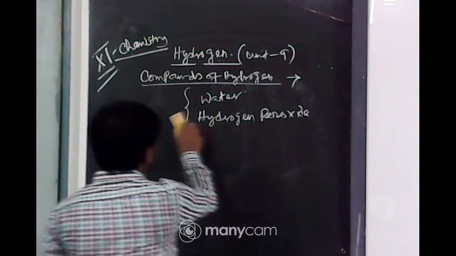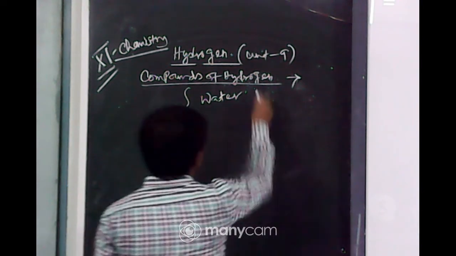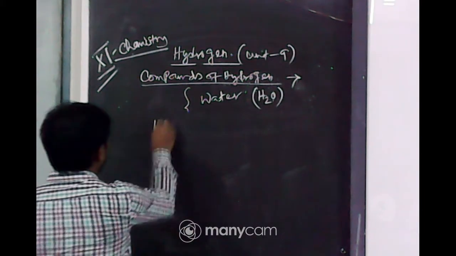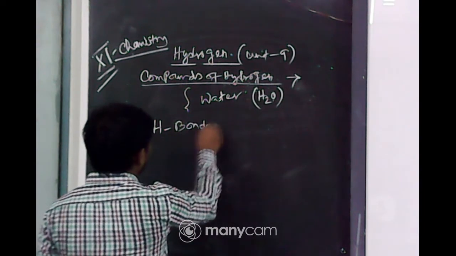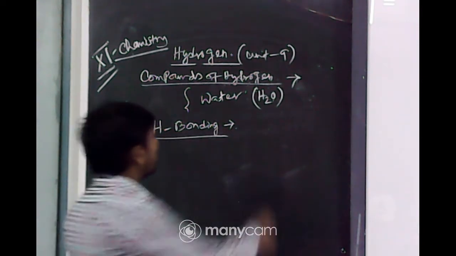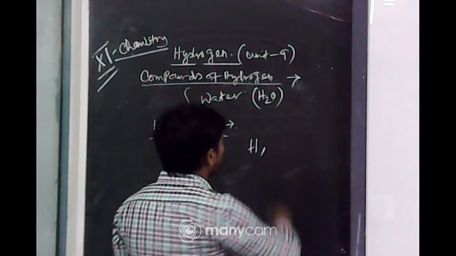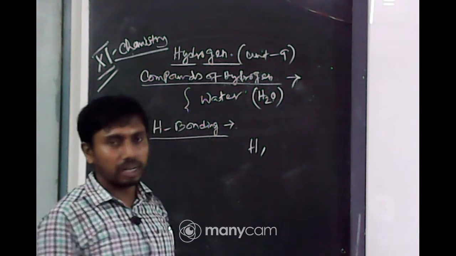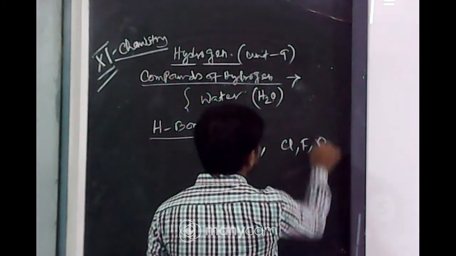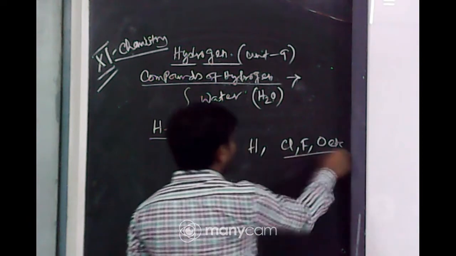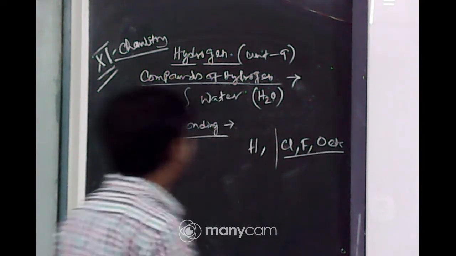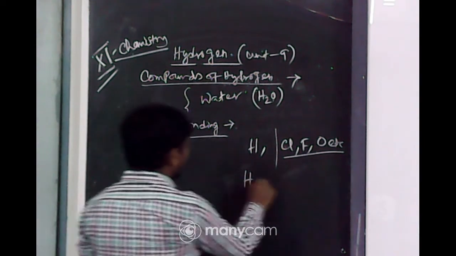Now, water having the formula H2O. Now, what is hydrogen bonding? Because we have to know what is hydrogen bonding. Now, when hydrogen is connected with an electronegative element. What are the electronegative elements? That means chlorine, fluorine, oxygen, etc. When hydrogen is connected with such electronegative elements, then for example HCl, what happened?